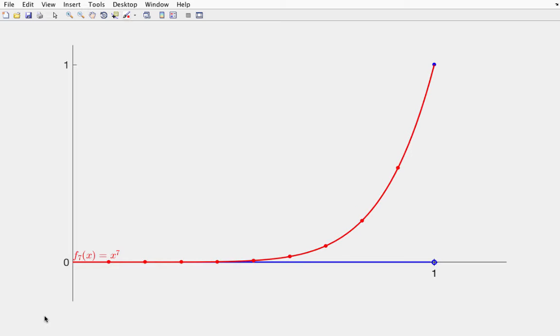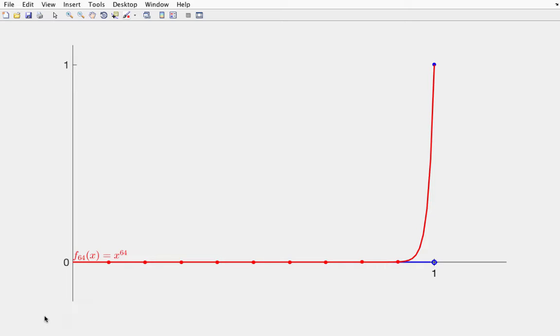So we see all of those red dots, which are for x strictly less than 1, they converge to 0. And of course, the blue dot is 1 for all n. fn of 1 is 1, and so is f of 1. So we see an illustration of pointwise convergence.